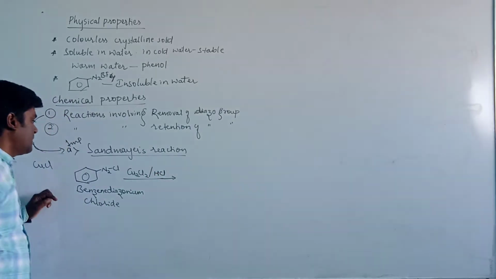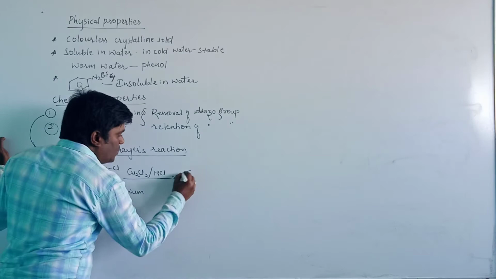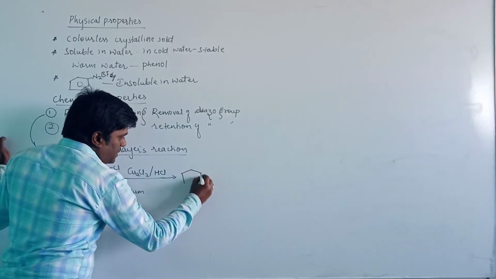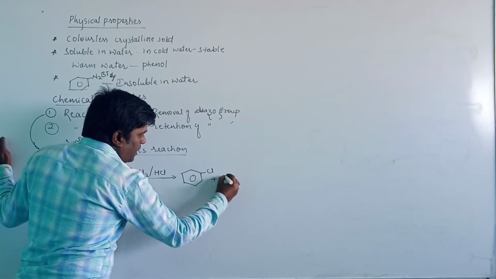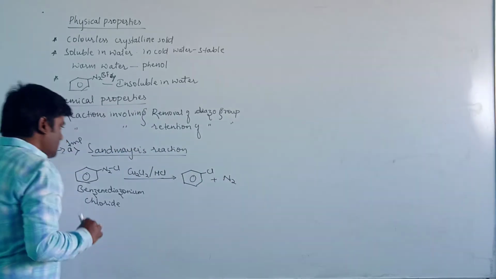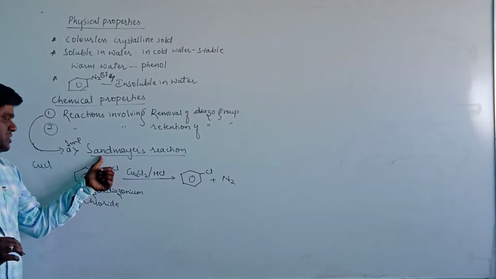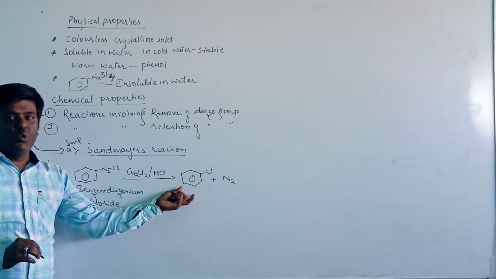Then it gives the compound chlorobenzene. The products are chlorobenzene plus nitrogen. In the Sandmeyer reaction, the product here will be chlorobenzene.